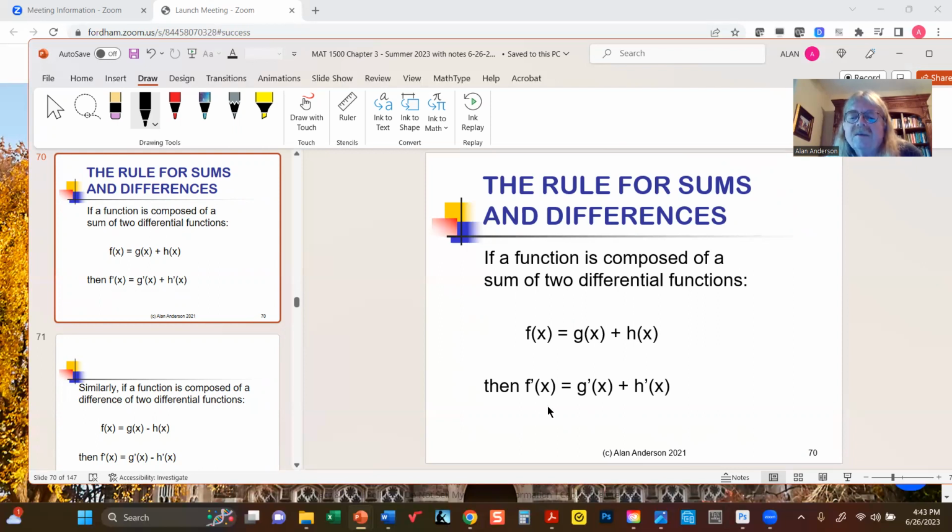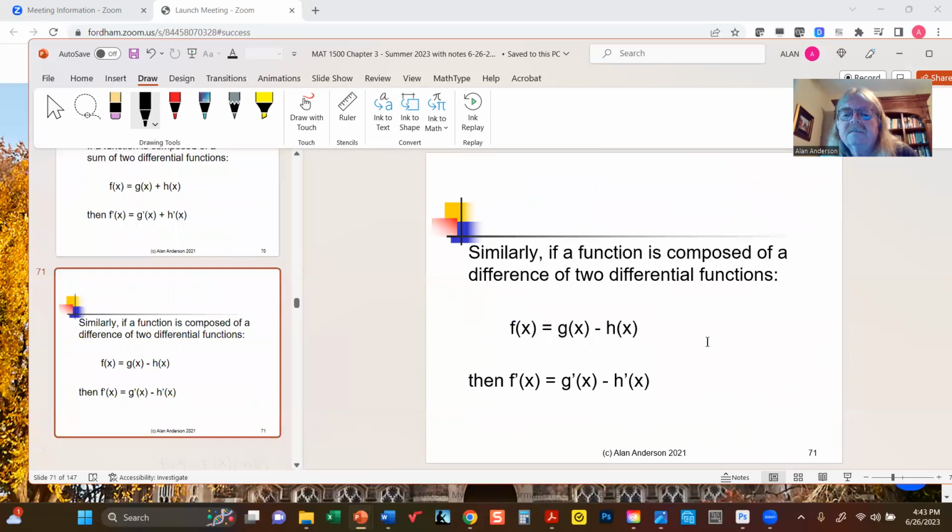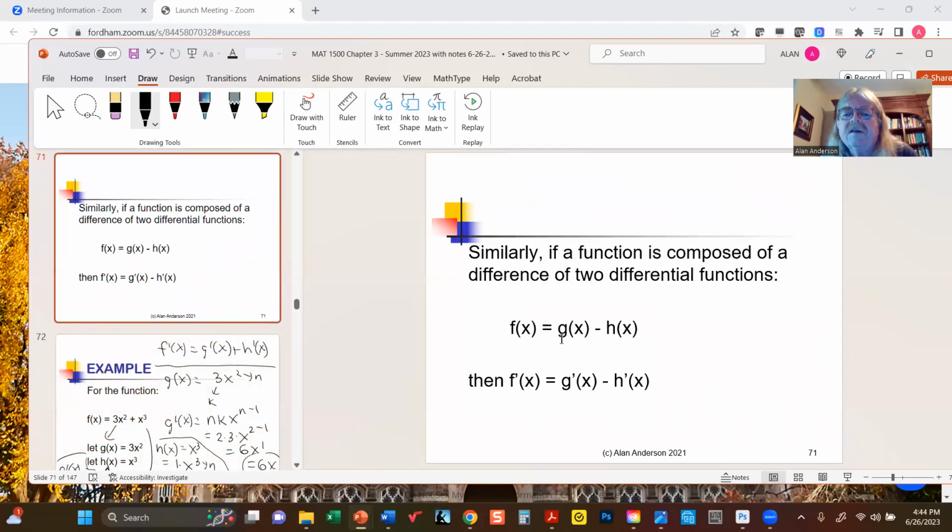Or in other words, f prime of x simply equals g prime of x plus h prime of x. So that's at least a very straightforward rule. And then the corresponding rule for subtraction is exactly the same. You can see here that if I have f of x equals g of x minus h of x, then f prime of x is nothing but the difference between g prime of x and h prime of x.